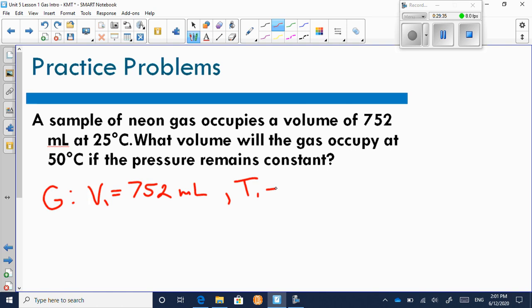T1 is equal to 25 degrees Celsius. And then it says what volume, so my V2 is my question mark, will the gas occupy if the temperature changes to 50 degrees Celsius?